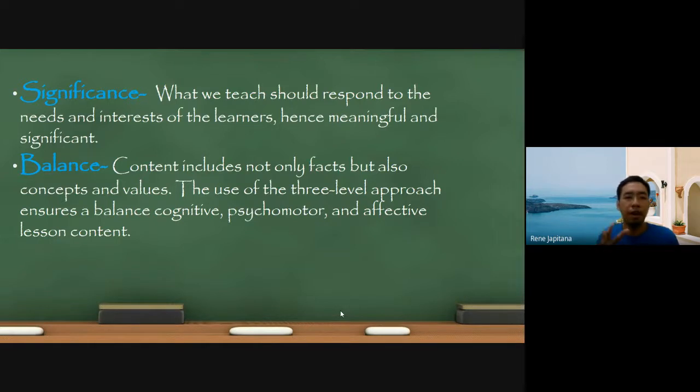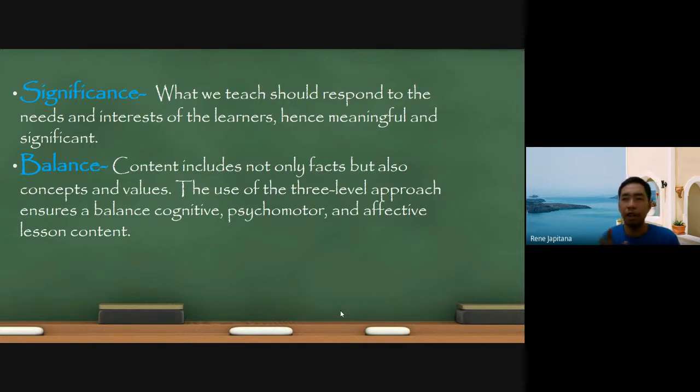The third one is balance. Balance means content includes not only facts but also concepts and values. When we teach, it is not only to develop knowledge, the cognitive.